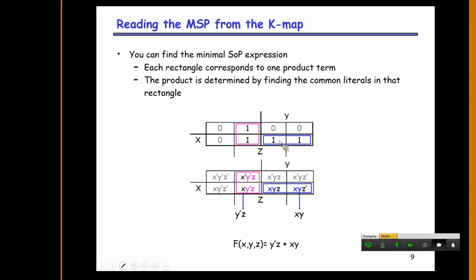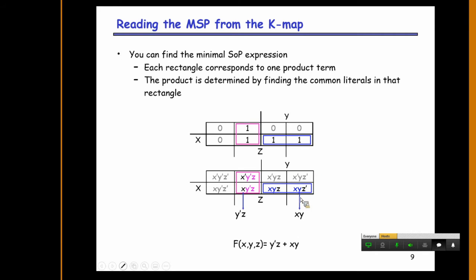Now these two cells can form a big square. After forming that big square, we have to check the common variables, and those must be written into the minimal expression. Here, row wise, these two cells 7 and 6 are adjacent.